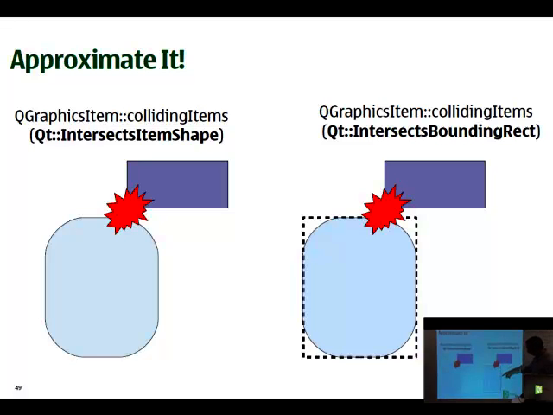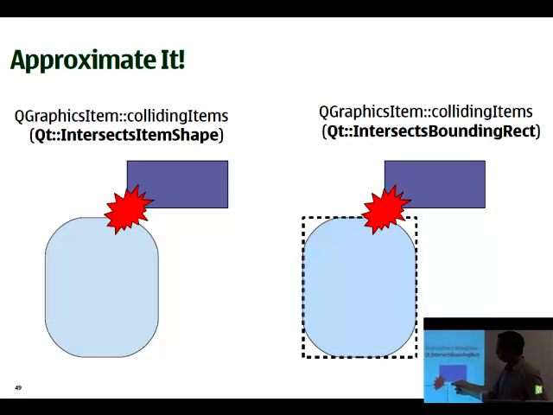Let's take the bounding rectangle of this rounded rectangle. The bounding rectangle is obviously a rectangle, shown here in the dashed lines. It's not the same as the rounded rectangle. However, it gives a very nice approximation. If you just want to detect whether this dark blue rectangle hits that one, you can as well use the bounding rect here.